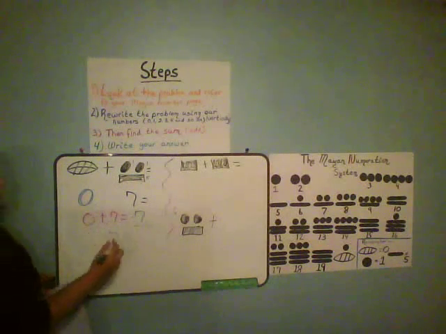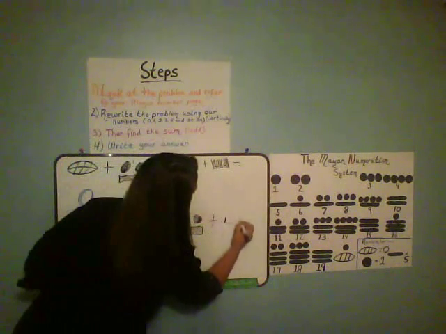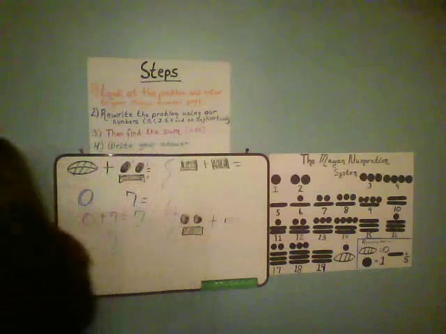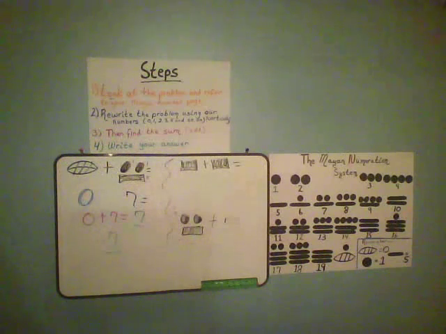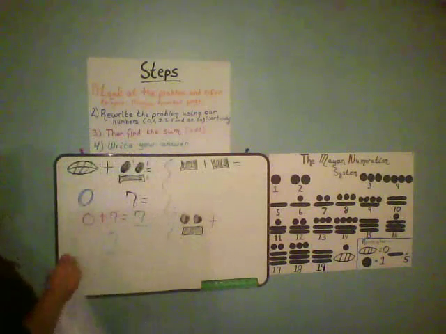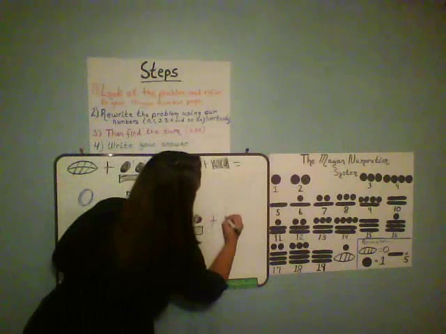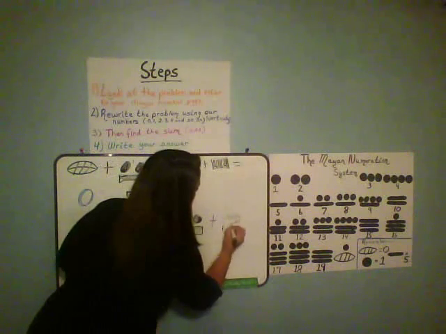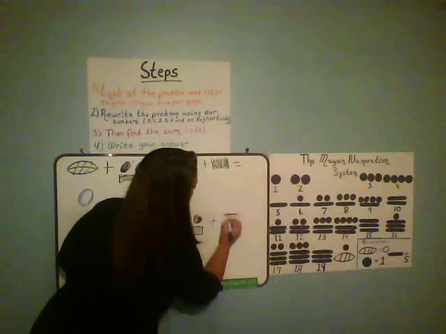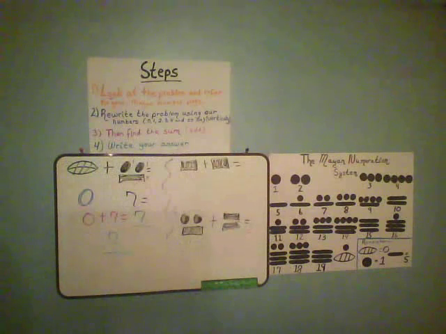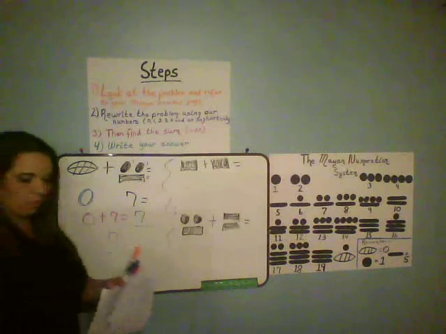So we have two rocks and a stick, plus two sticks, equals. Okay, y'all try and work those out by yourself first, and then if you need help, you could ask a friend to help you. So I'll give you a minute so you could work these out in your notebook.